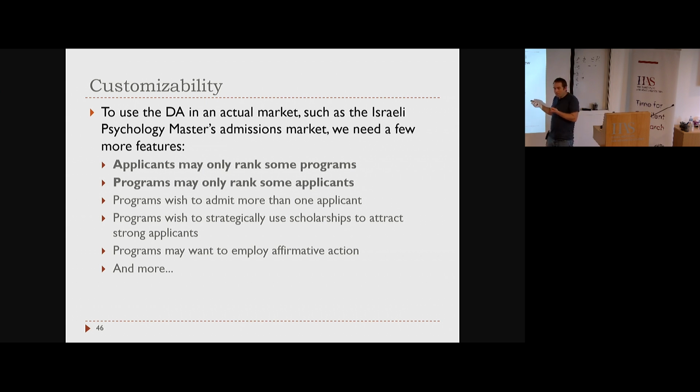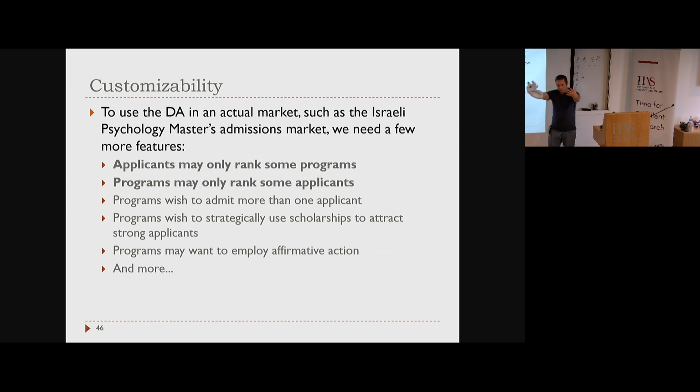And programs may only rank some of the applicants, but that really doesn't matter for deferred acceptance. Suppose we're doing the applicant-proposing deferred acceptance, and applicants only rank some of the programs. Once they're rejected from all of those programs, they would just stop proposing. They would not propose to the programs that they do not want to get admitted into. And still all the results on stability and everything follow through.